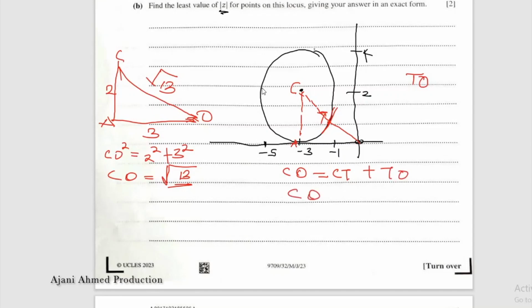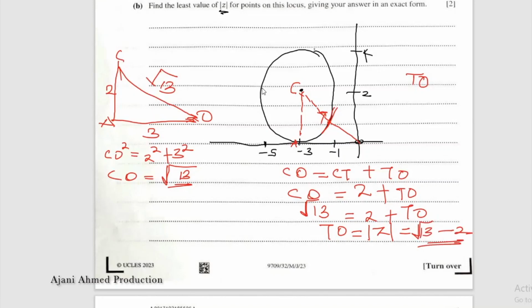CT is from center to edge of the circle, that's radius 2. So CO, root 13, equals 2 plus TO. Hence, TO, which is equal to the minimum value of Z, will give us root 13 minus 2. That's the answer.